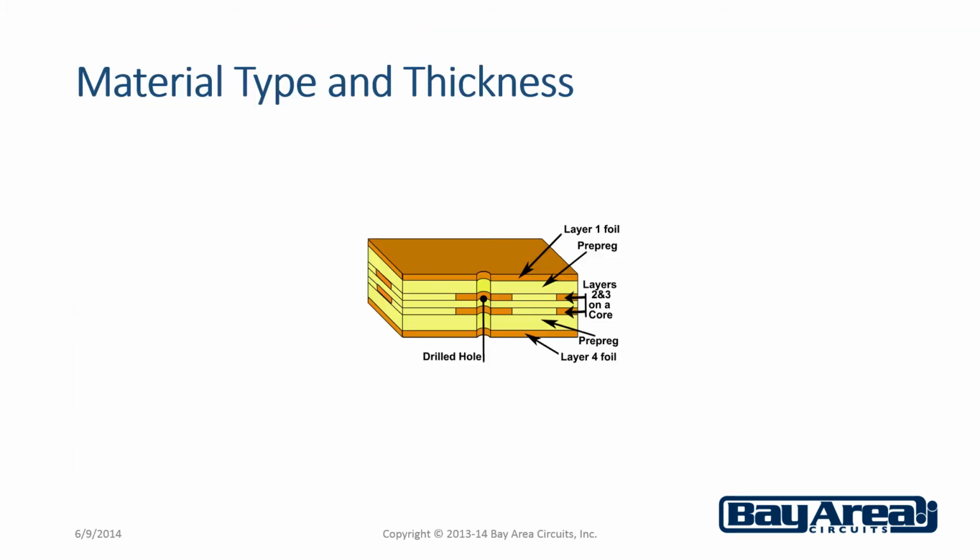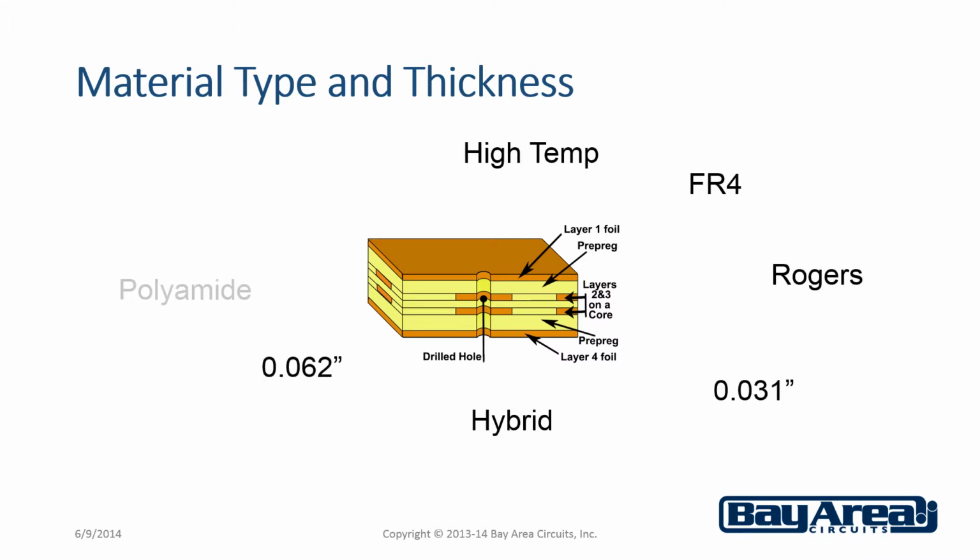Key factor number 5, material type and thickness. There are many material types that can be used to manufacture a PCB, the most common of which is called FR4. That is simply fiberglass material woven together with an epoxy resin that includes fire-resistant properties.